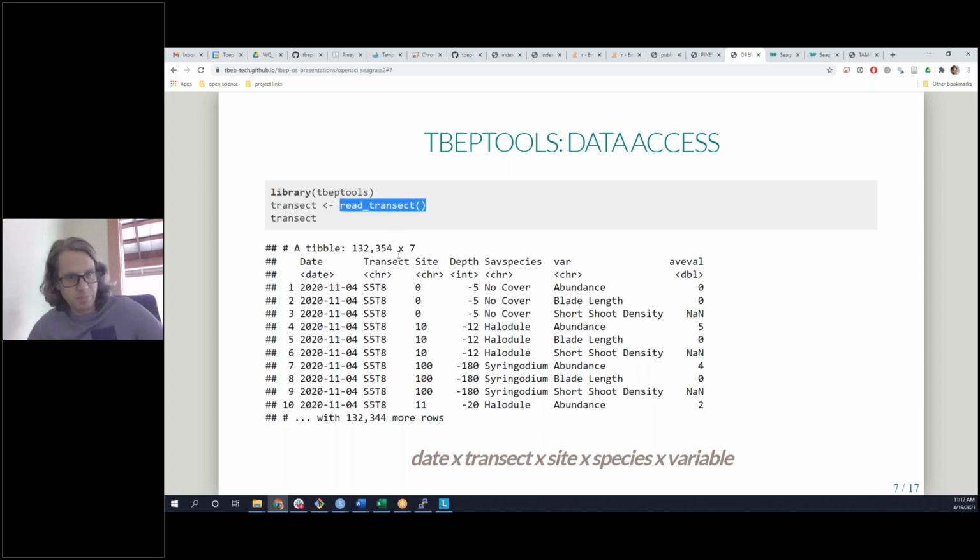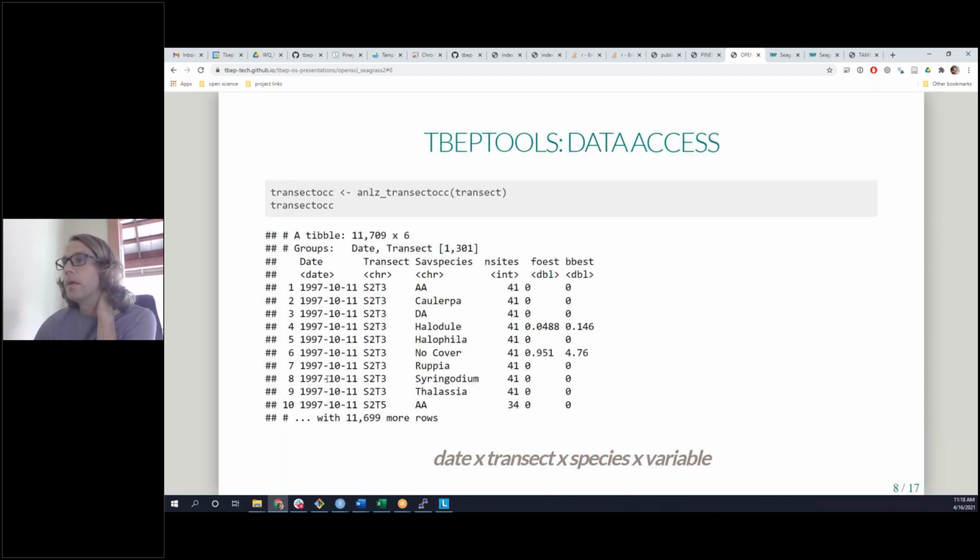This is a function that actually pulls in the database from the USF Water Atlas where this information is housed. And then you see essentially what amounts to 130,000 records of the 30 years of data that we have for the Transect. So in a matter of seconds, you can pull in all of this data and start working with it on your own, which is something that we weren't able to do prior to the development of this software.